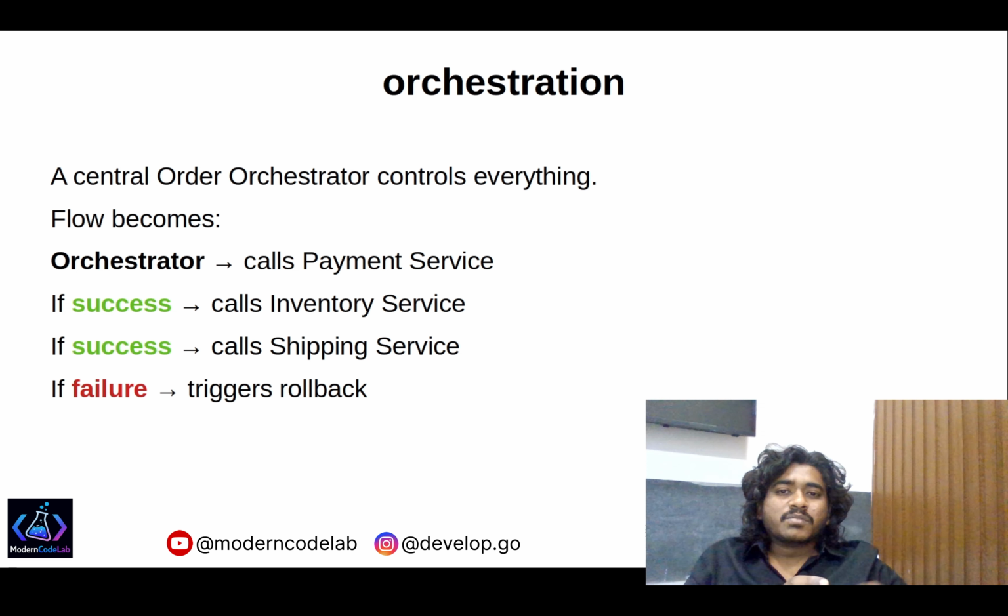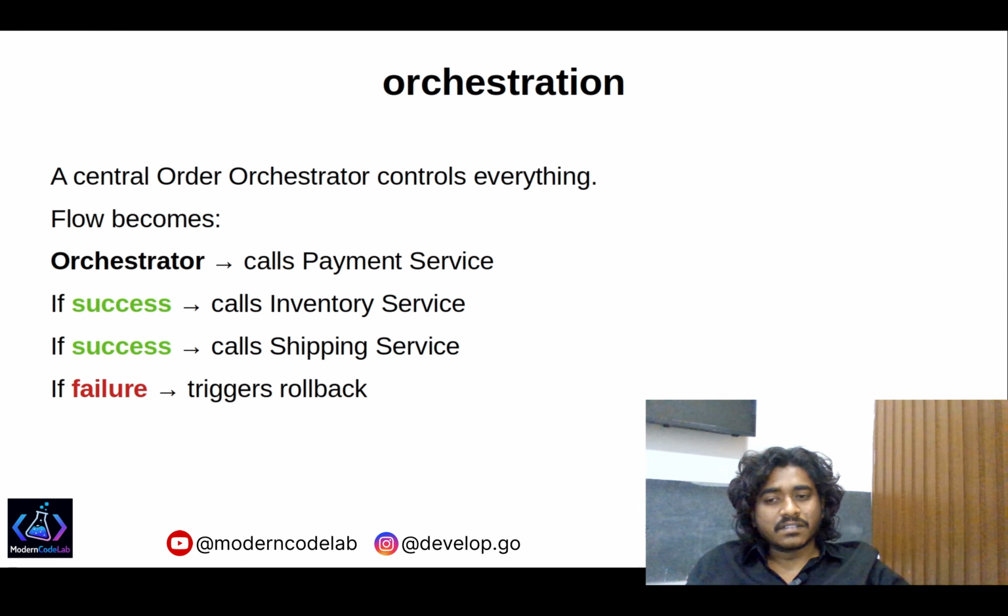Now, when it comes to orchestration in this particular flow, there is a central order orchestrator that controls everything. Whenever the user is placing an order, the orchestrator will take that order and call the payment service to handle payment. If the payment succeeds, it calls the inventory service to do the inventory management.